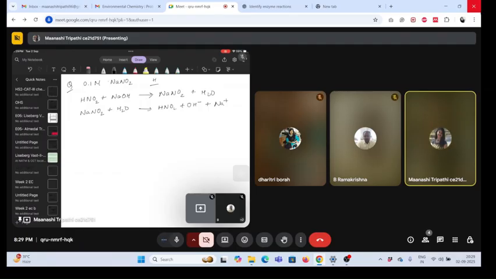Now same. At the initial stage, what will be there? We will have NO2 minus and we will have H2O. At the +1 stage, what's going to happen? It will form HNO2, and this is going to form H plus.